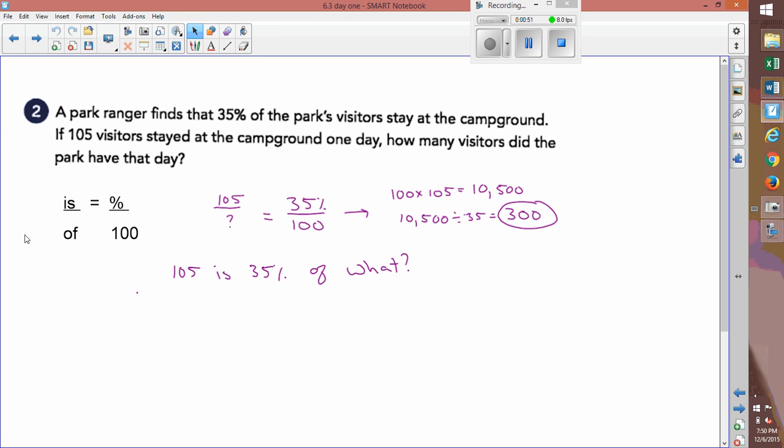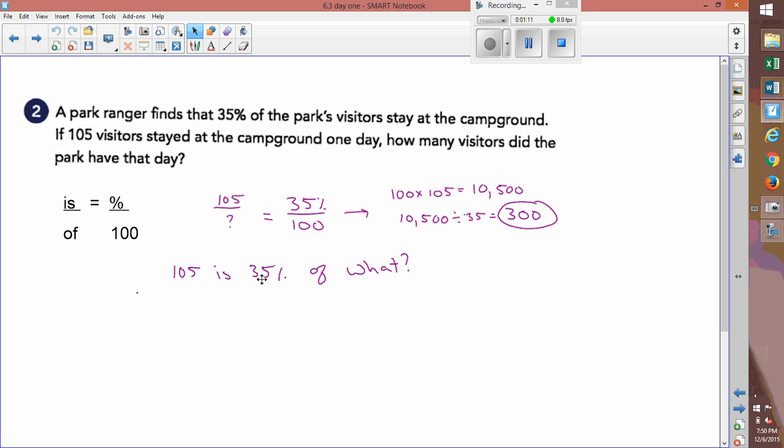Next question, a park ranger finds that 35% of the park's visitors stayed at the campground. If 105 visitors stayed at the campground one day, how many visitors did the park have that day? Okay, we know that 105 is 35% of what?